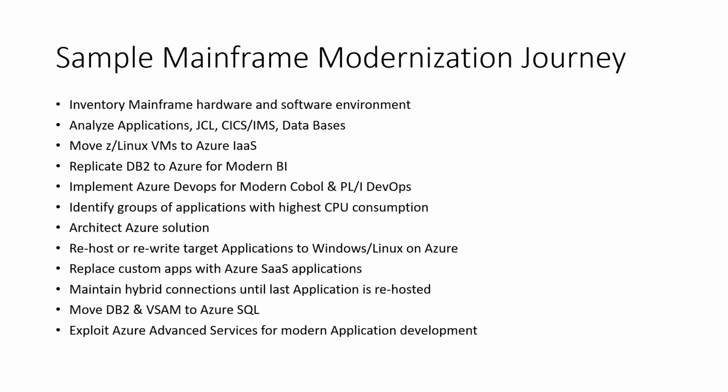You go through a process where you analyze your workloads, see what gets moved as rehost, what you're going to refactor, and what you're going to re-architect. It doesn't have to be just one, it could be a combination of those. And then you do that in a secure and predictable manner to reduce the risk, so that you're not going to get interruptions to your business in the process.